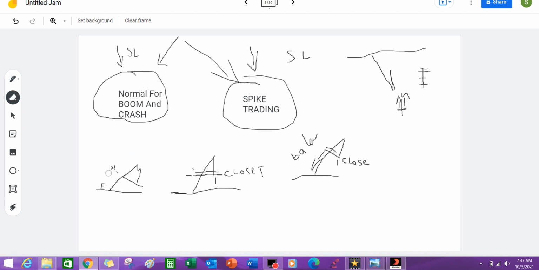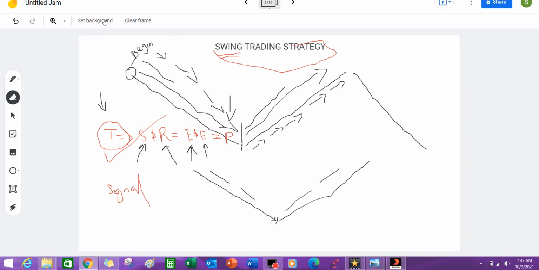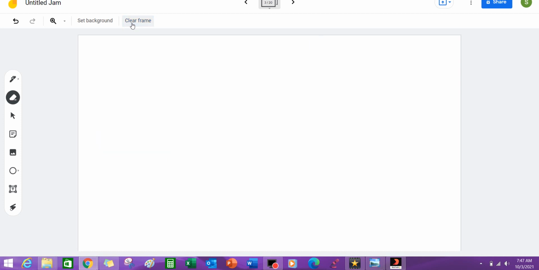Before you can use it to trade the spike, you should be able to know your trend. Your trend is always very important, because once you are able to identify the beginning of the trend for the spike, then definitely you will be able to trade it for a very long time.